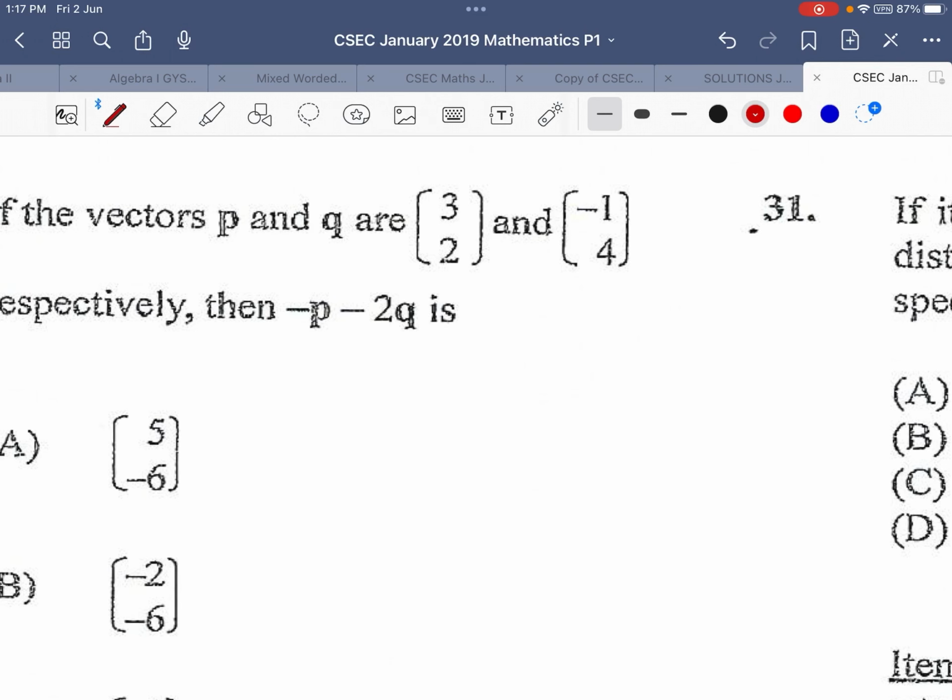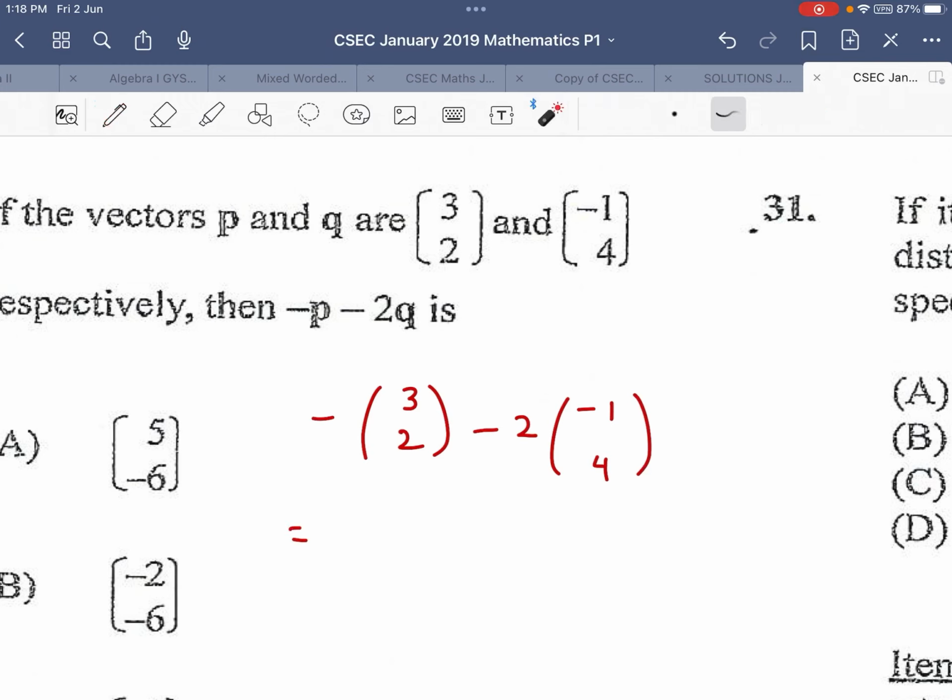Okay, so this is where you'll have to pay attention, because P minus 2Q is actually a repeat, but they have now added in minus P minus 2Q. Okay, so minus P is minus 3, 2, minus 2 times minus 1, 4.